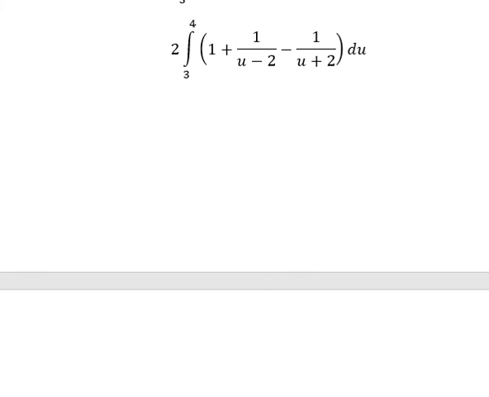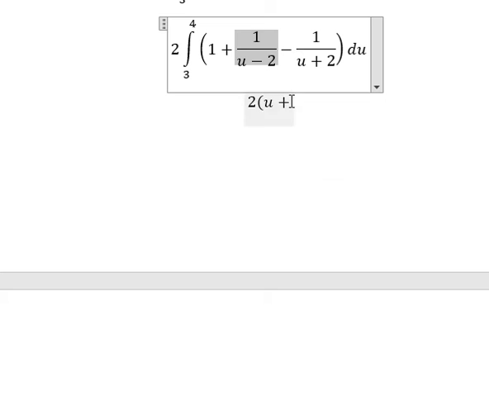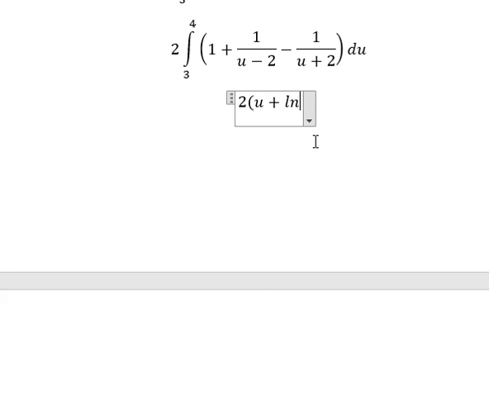And now we have the final answer. The integration of 1, we have u. The integration of this one, we have ln of the absolute value of u minus 2.